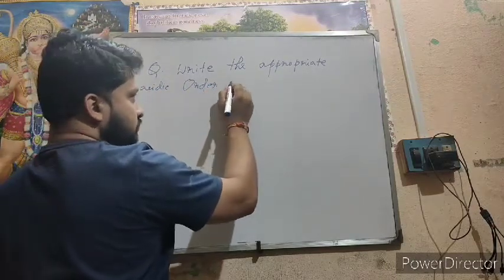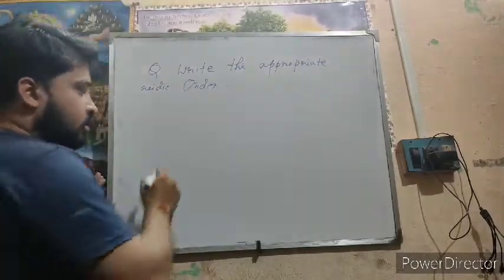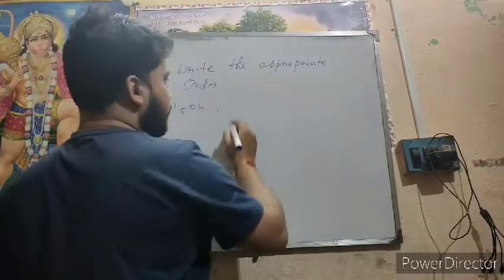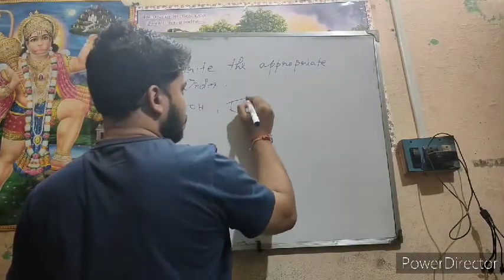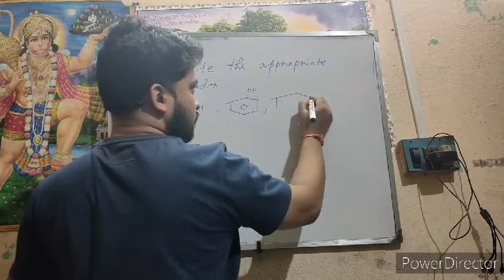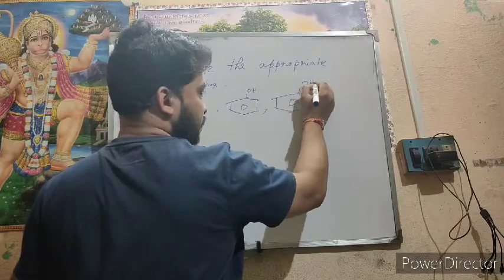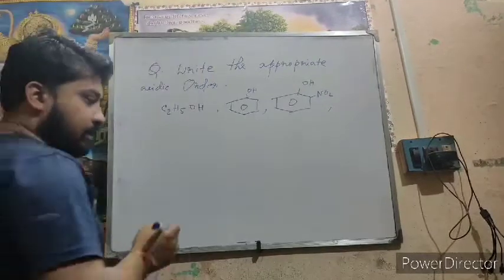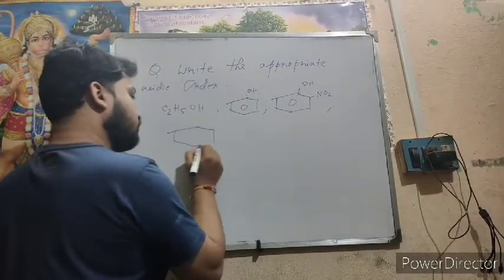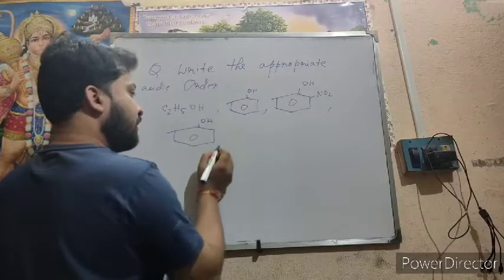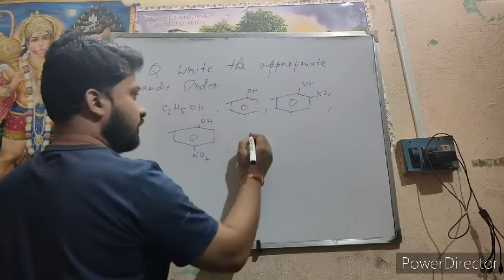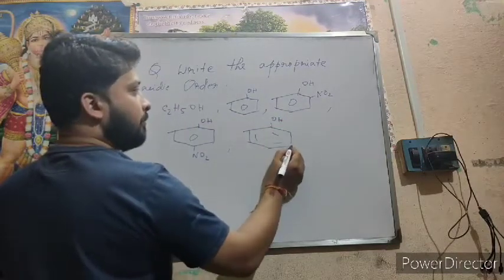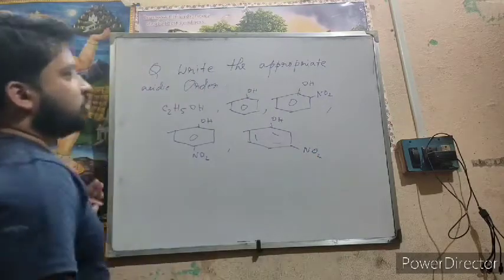You have C2H5OH, phenol, then phenol with a nitro group, that is nitrophenol: orthonitrophenol, paranitrophenol and metanitrophenol. So those are the problems.